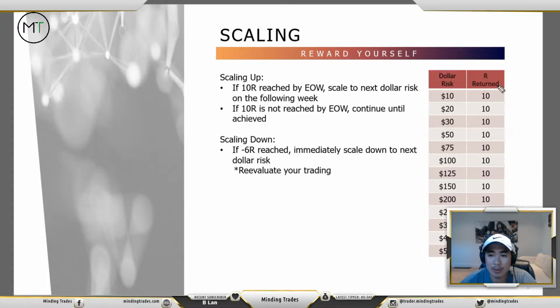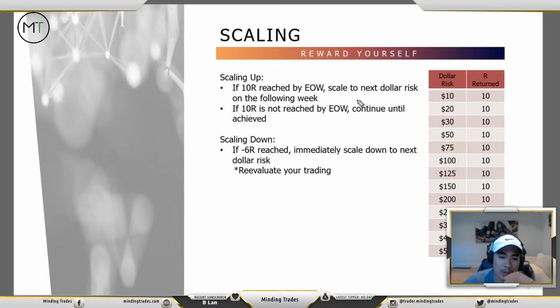I'm using an example of if you return 10 Rs per week. If you return 10 Rs by the end of the week, you want to scale to the next dollar risk the following week, right? If your 10 R is not reached by end of week, you want to continue to achieve it the next week. If you achieved it on week 2, you don't want to start the next scale up factor until week 3, right? Because that gives some buffer room.